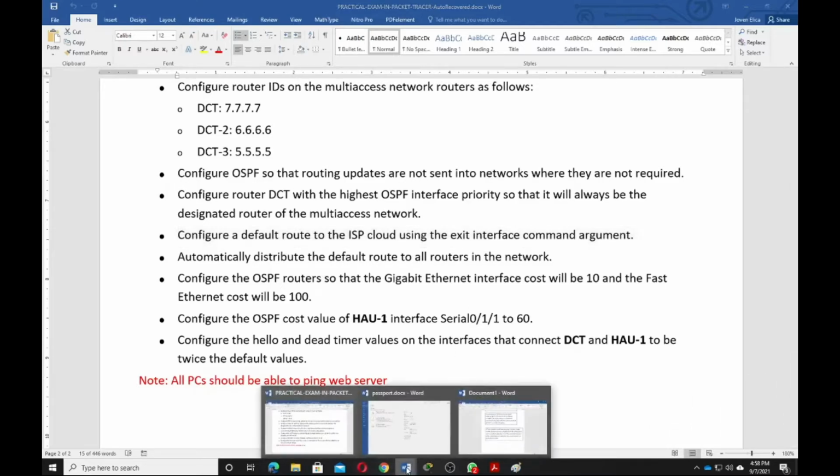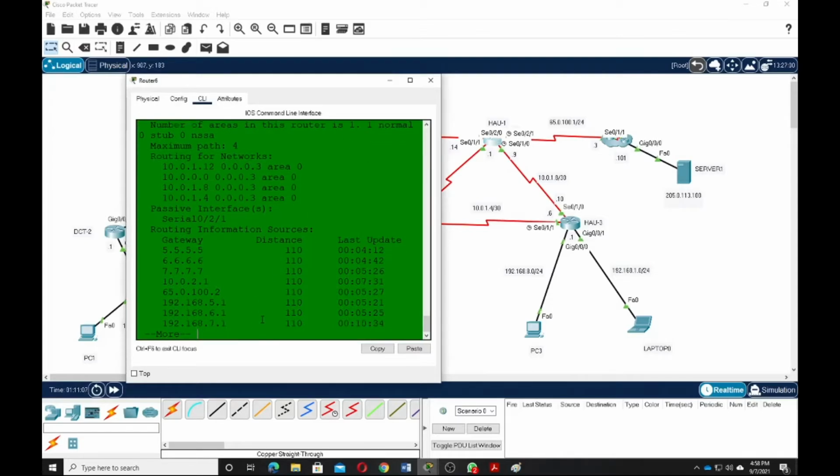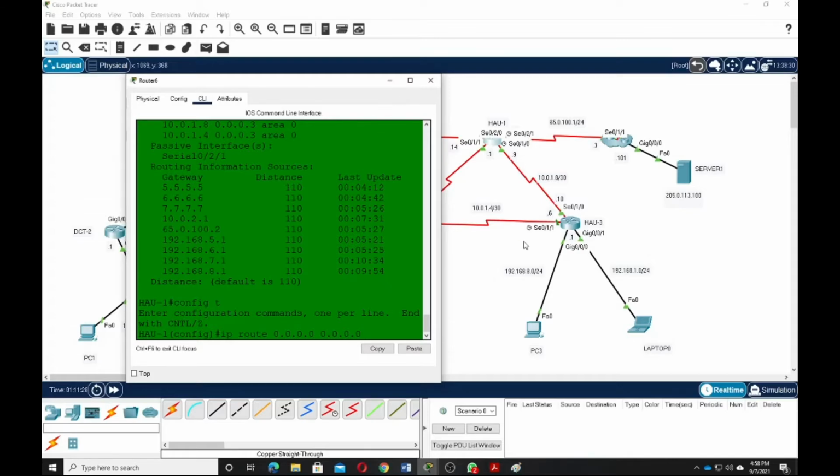So the default route will be, config the IP route 0.0.0.0 0.0.0.0. So this is the default route. The exit interface is serial 0/2/1.